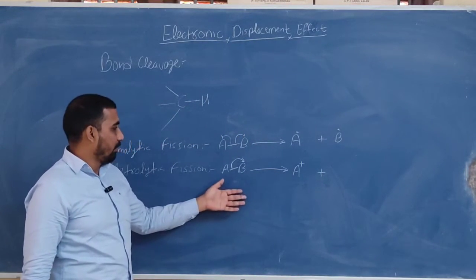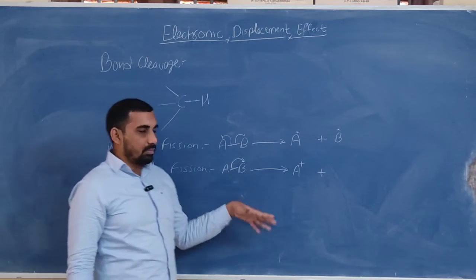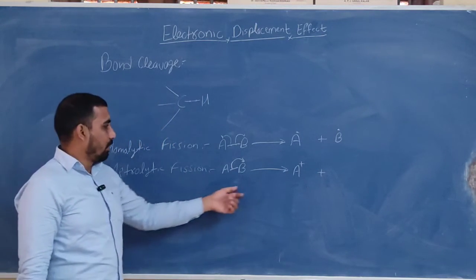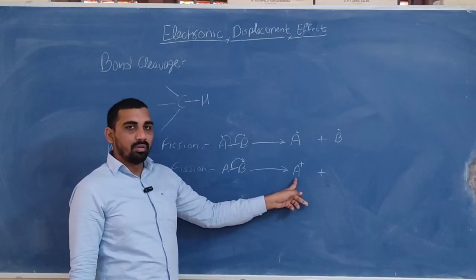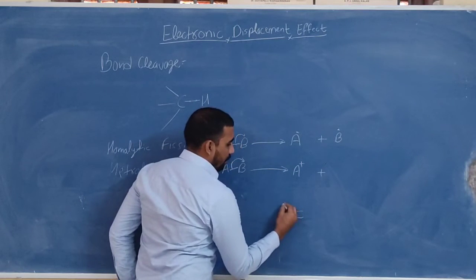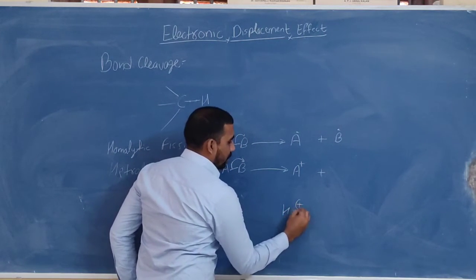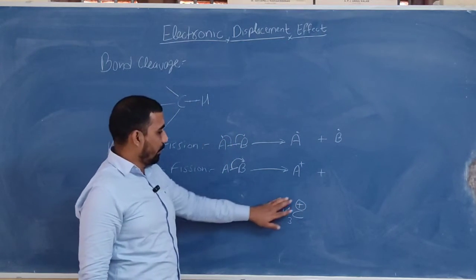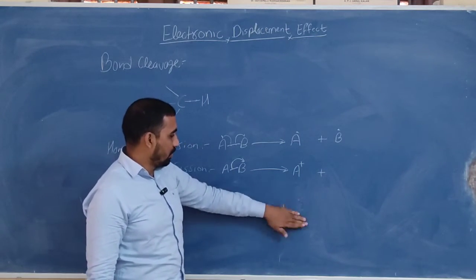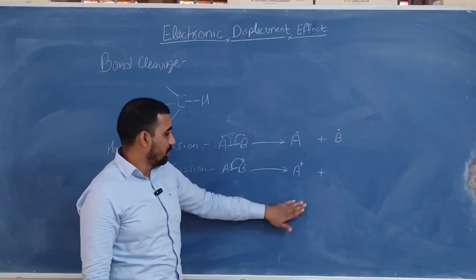In an organic compound, like methane, there will be formation of a carbocation like CH3 plus. Then it is not accurate to say atom. We should know this thing.